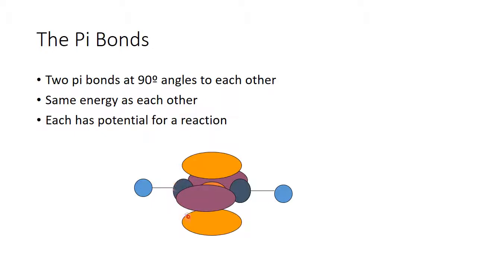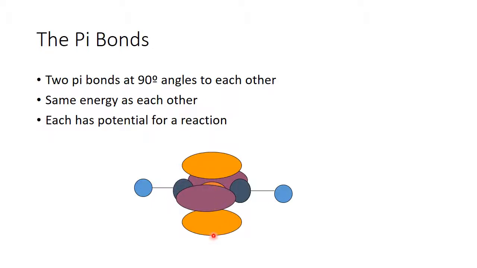So one half up here and one half down here. This actually forms a tube of electrons around the carbon-carbon sigma bond. It's a very symmetrical shape, and we have triple bond strength here.